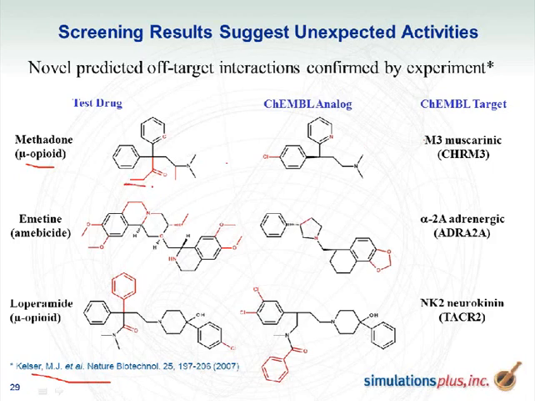Emetine matches an alpha-2A adrenergic ligand, and then finally loperamide matches an NK2 neurokinin ligand. All of these were purchased and tested by this group, and it was confirmed that they have activity at these particular targets. Okay.